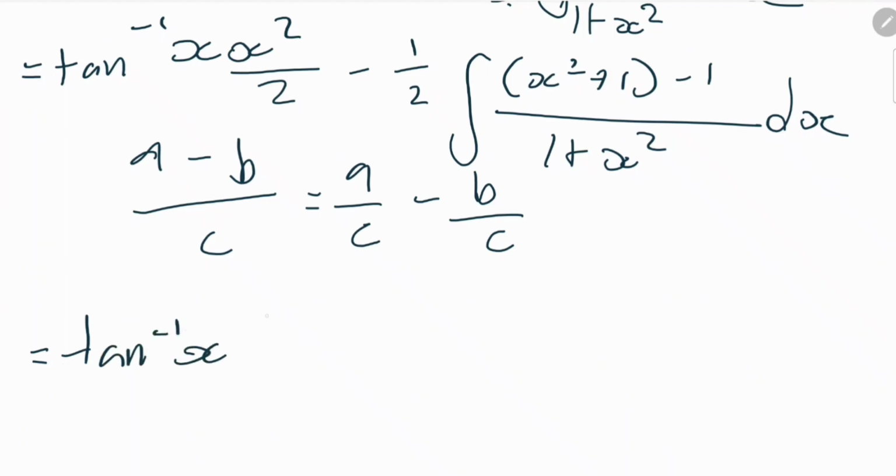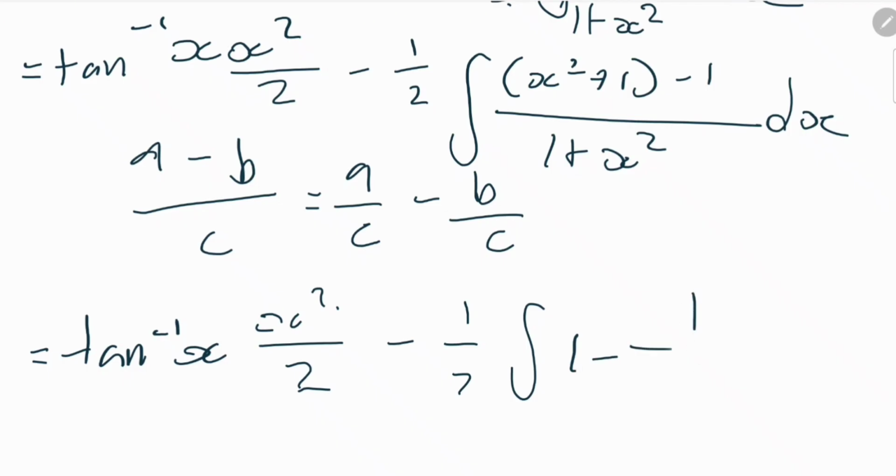Arctan x squared over 2 minus 1 over 2, and then the integral of x squared plus 1 over x squared plus 1. That's 1 because all the terms cancel out nicely. So 1 minus 1 over 1 plus x squared dx.